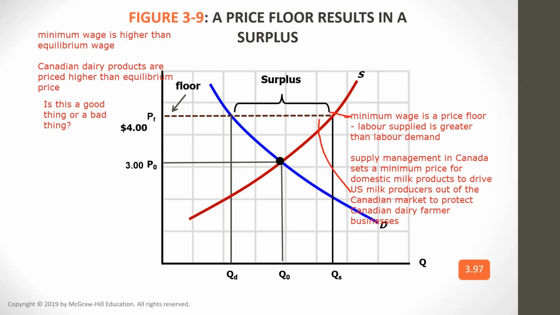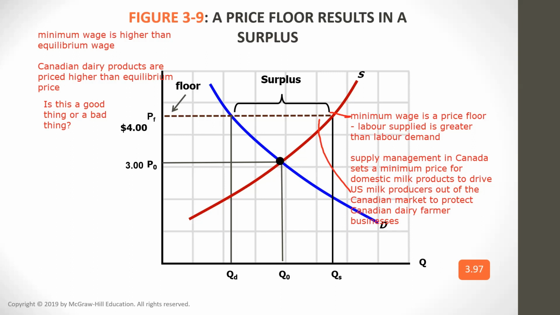Also, a lot of Canadian dairy producers would go bankrupt if they had to compete with US dairy farmers, specifically Wisconsin, because Wisconsin dairy farmers and areas near Wisconsin in the US produce dairy at a much cheaper price and cost than Canada.